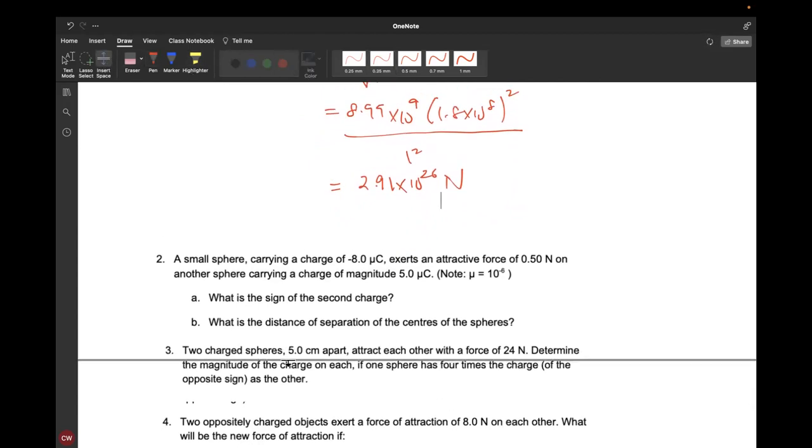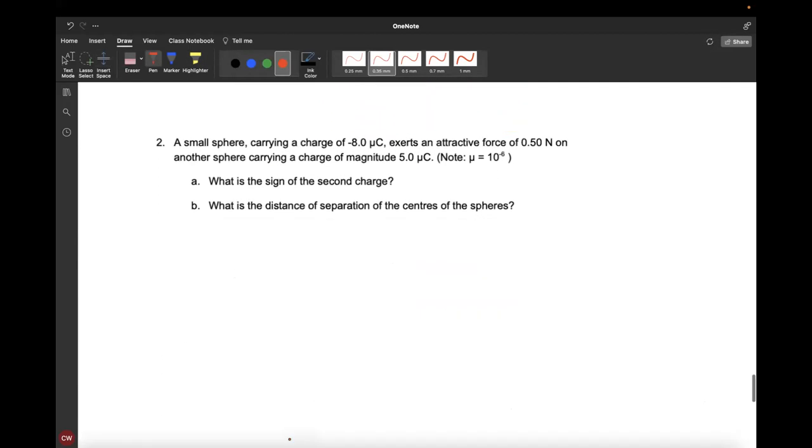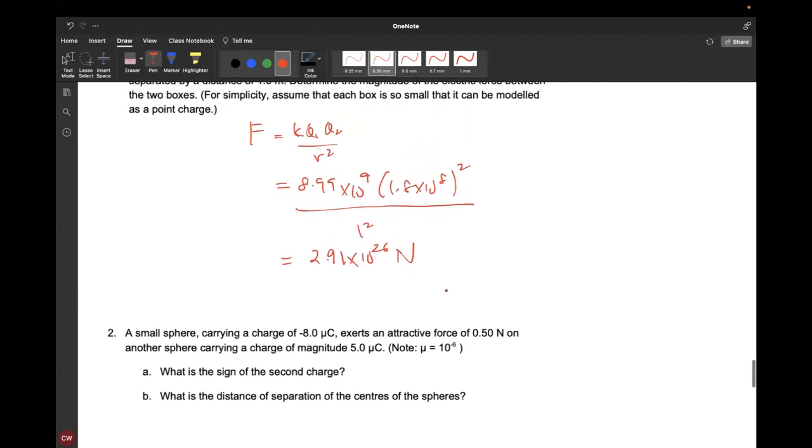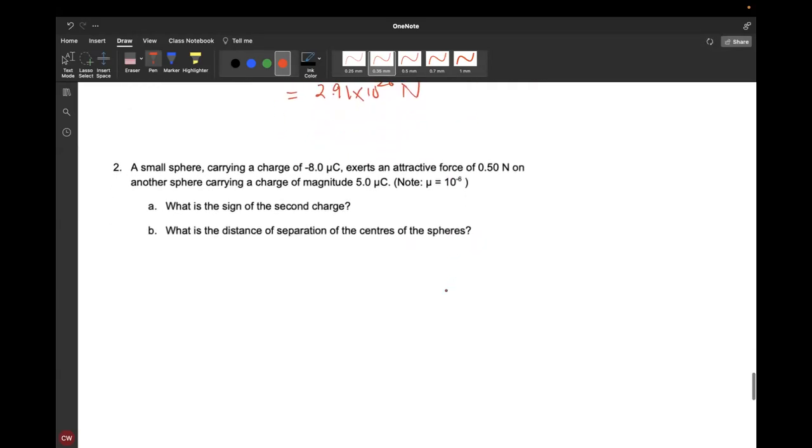Second question. Small sphere charge exerts an attractive force of 0.9 on the other charge. What is the sign of the second charge? First charge is a negative charge.